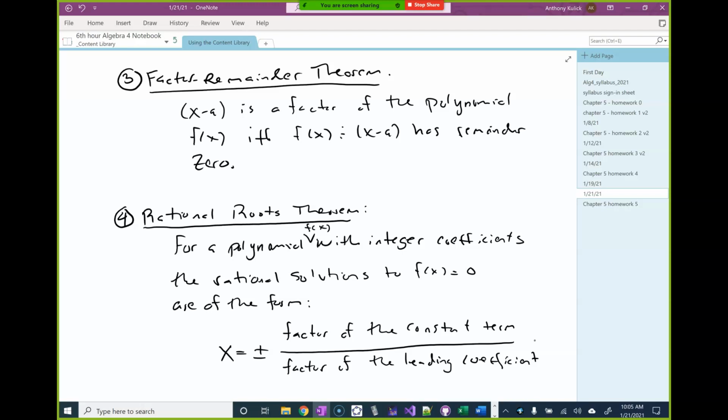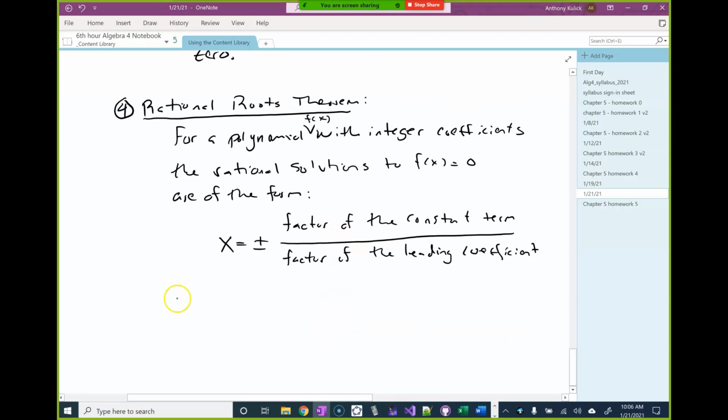The constant term is negative 35. The factors of negative 35 are 1, 5, 7, and then 35. The leading coefficient is 6. The factors of 6 are 1, 2, 3, and 6.